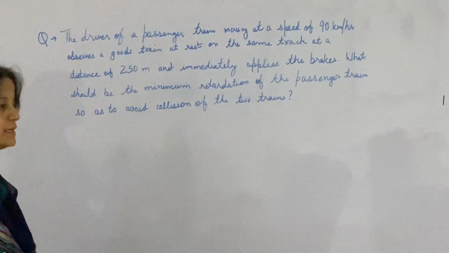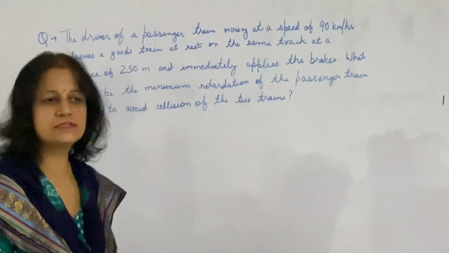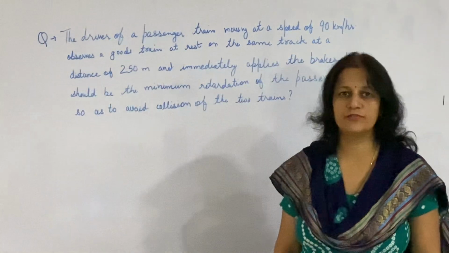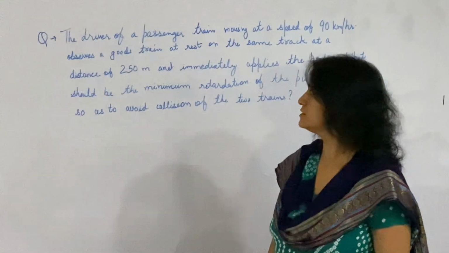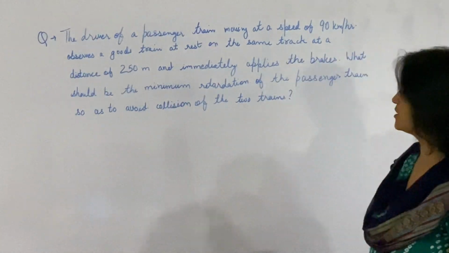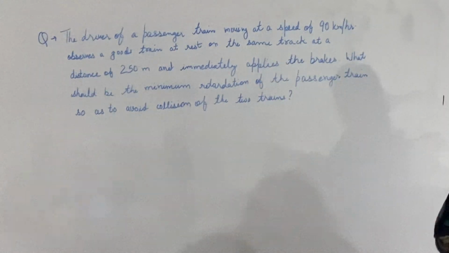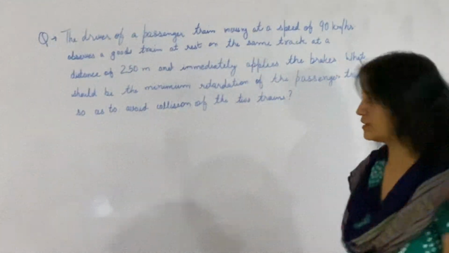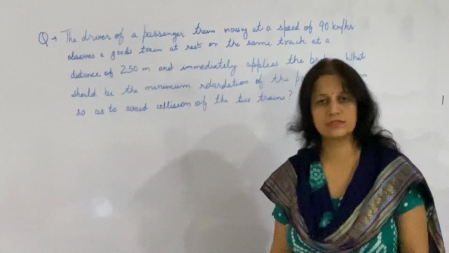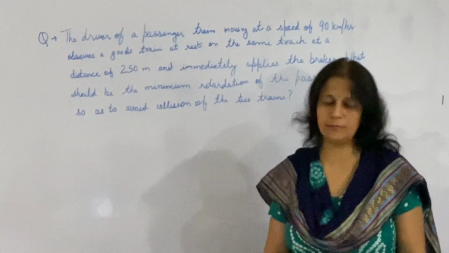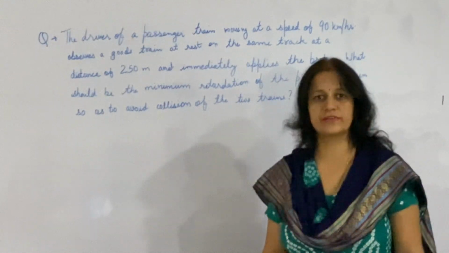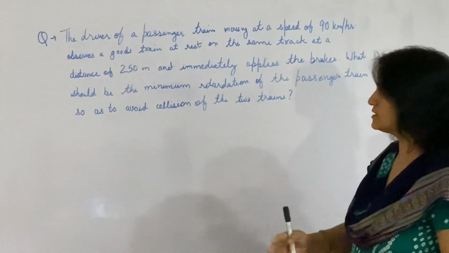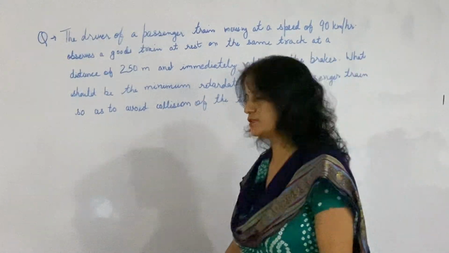Now in the last lecture we will discuss the class 8 kinematics part 2, and yesterday I gave you one question: the driver of a passenger train moving at a speed of 90 km per hour observes a goods train. एक पैसेंजर ट्रेन का ड्राइवर जो है उसने क्या देखा, सेम ट्रैक के ऊपर एक गुड्स ट्रेन जो है वो रेस्ट कर रही है, तो उन दोनों ट्रेन्स के बीच में जो डिस्टेंस है दैट इज़ 250 किलोमीटर.